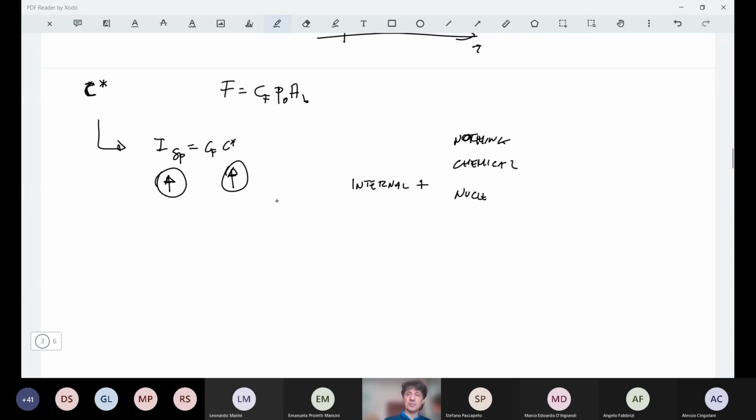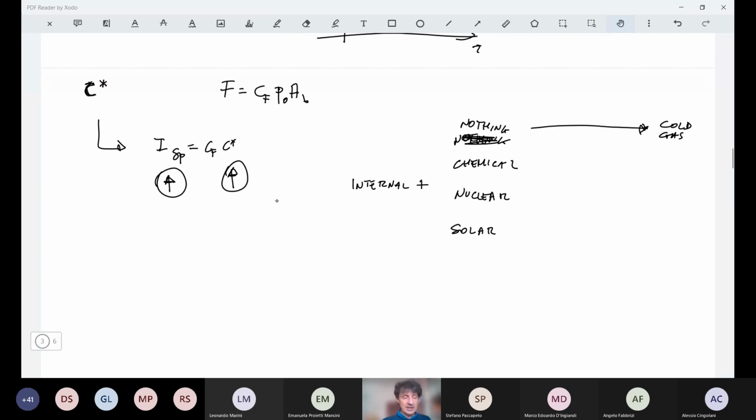So, energy from chemical reactions, energy from nuclear reactions, or we can exploit solar energy. So the first is nothing. We don't add anything to the original internal energy. If we consider this case, we are considering the cold gas thruster.